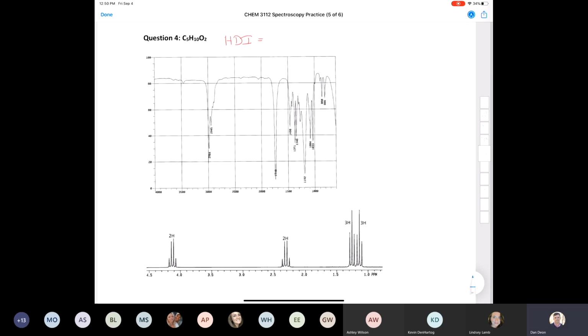Does anybody have any ideas about what the structure might be, or anything they want to share about the IR or the proton or the HDI?